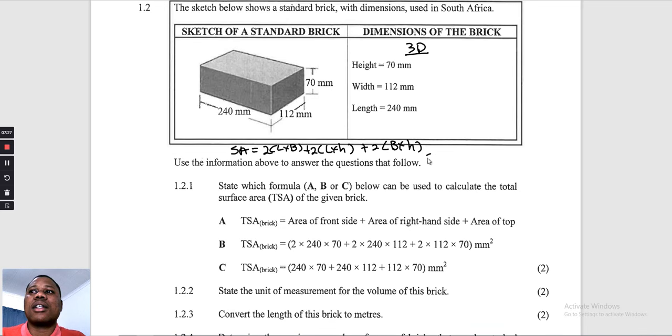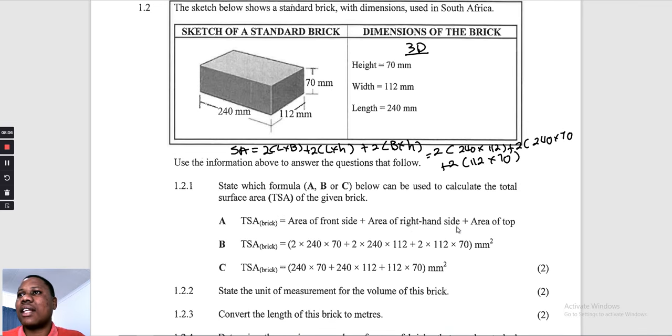So that should be 2 into 240 multiplied by the width of 112 plus 2 into 240 multiplied by 70 plus 2 into 112 multiplied by 7.